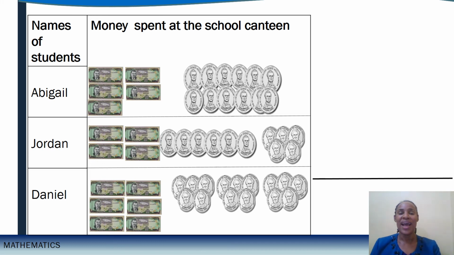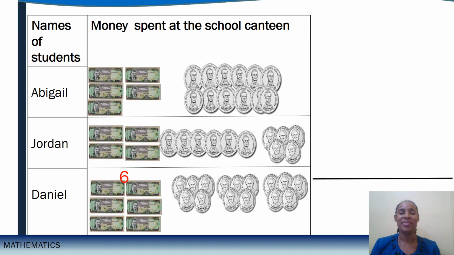Now, boys and girls, it's time to check to see how much money Daniel spent. Can you tell me how many $100 did Daniel spend? Great, boys and girls. Daniel spent $600. And what about $10? Did Daniel spend any $10? Exactly. Daniel did not spend any $10. Let's see how many $1 did Daniel spend.